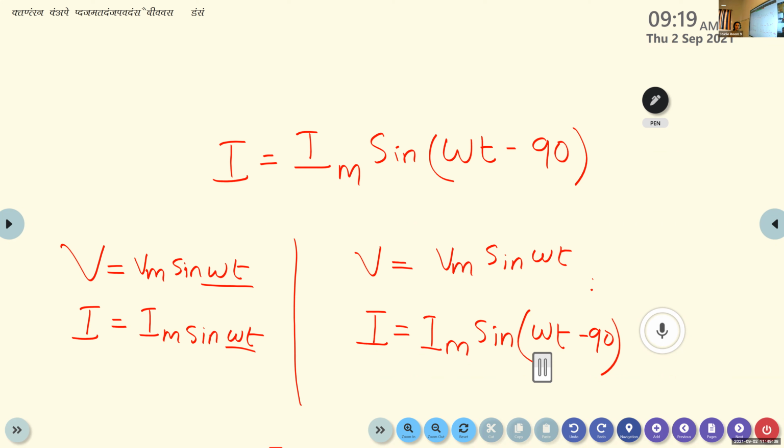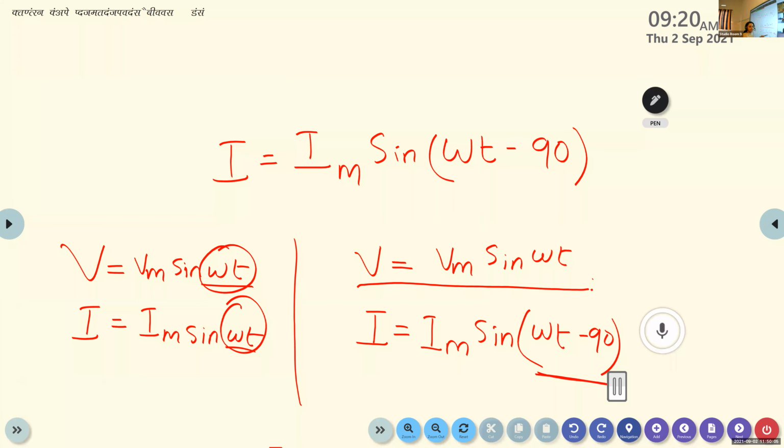No. So in the first case, if the AC voltage is applied through a resistor, they are in the same phase because both of them have the same phase angle omega t. But in the case of AC voltage through an inductor, there will be a difference in phase angle. Here the alternating source of EMF has a phase angle omega t, but the alternating current has a phase angle omega t minus 90.